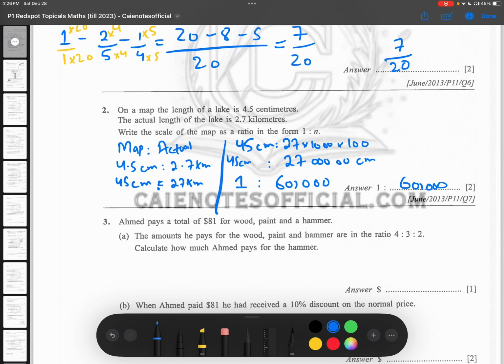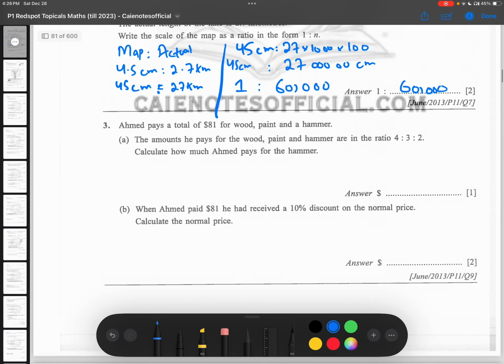Now, question number three. Ahmed pays a total of $81 for wood, paint, and a hammer. The amounts he pays for the wood, paint, and hammer are in the ratio 4:3:2. Calculate how much Ahmed pays for the hammer. So the total amount is $81 and the ratio for wood, paint, and hammer is 4:3:2. Ratios basically mean parts.